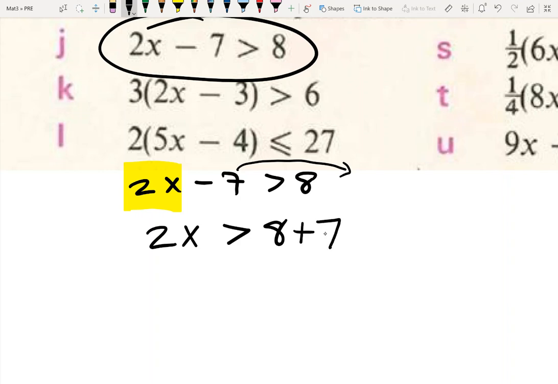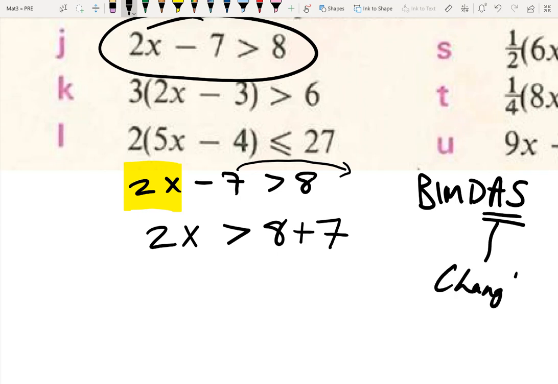A term cannot move sides. An addition or subtraction cannot jump across the inequality without changing sides, changing signs.